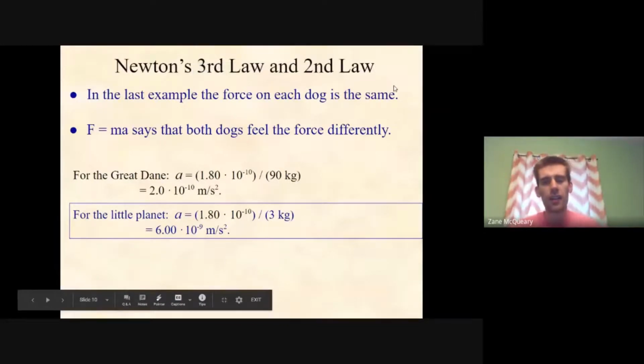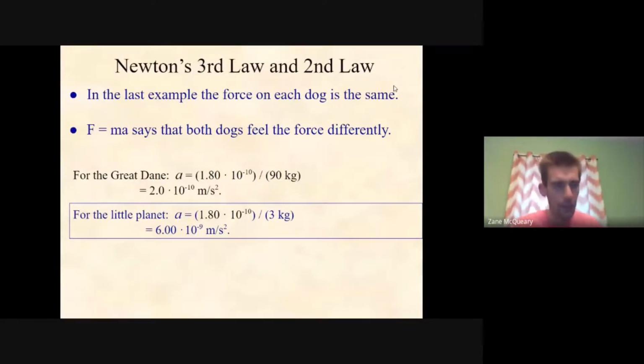Newton's third law and second law are still a thing, though. Okay, so we have to be careful with that. The force of one dog as opposed to the other one on the other dog is still the same. So the force of the Chihuahua on the Great Dane and the force of the Great Dane pulling on the Chihuahua are the exact same numbers. That's where Newton's law comes in. The second law says that each one of those dogs is going to feel that force a little differently.